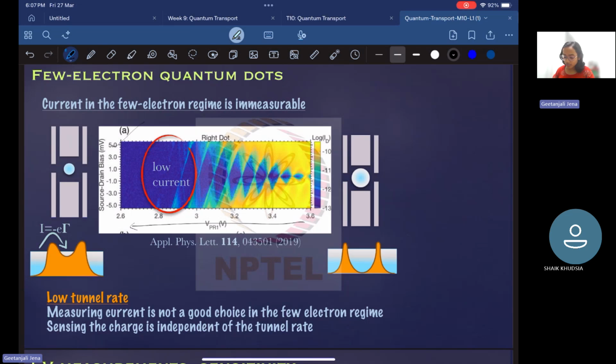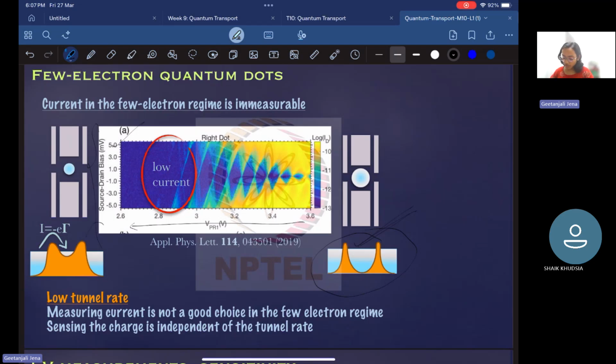This is quite clear from the stability diagram we have seen. When we go from right to left, we are decreasing the gate voltage, which means we are changing the tunnel barrier resistance. On the right side, the source and drain tunnel barriers are quite thin, so the tunnel rate is quite high.